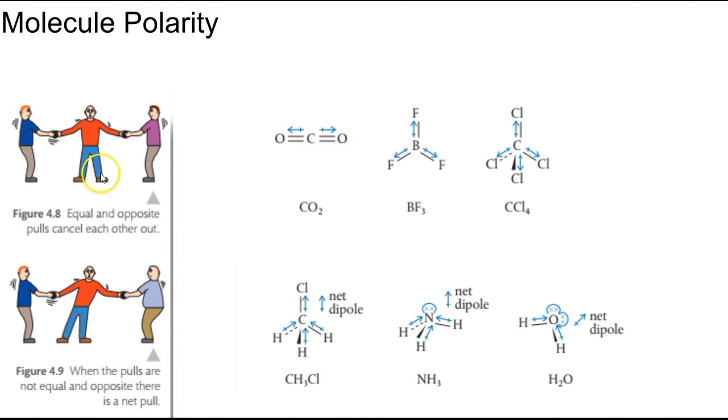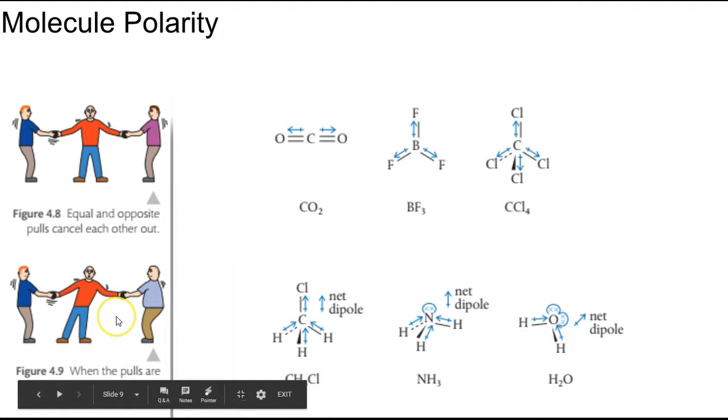So your book gives these figures, which I thought were kind of hilarious, but also surprisingly helpful at the same time. Even though we've got polar bonds here, they're not really sharing equally. These gentlemen on the side are pulling more than the gentleman in the middle. But because there's symmetry in this molecule, their poles cancel each other out.